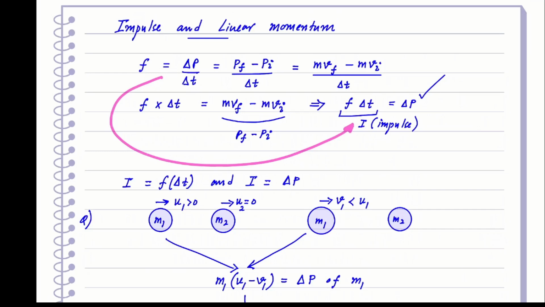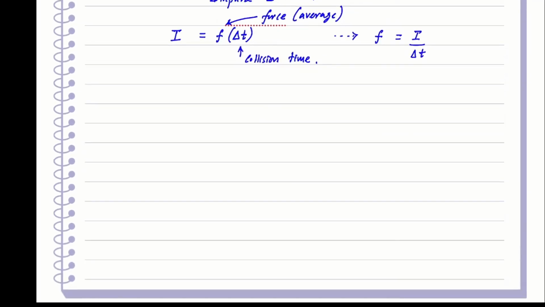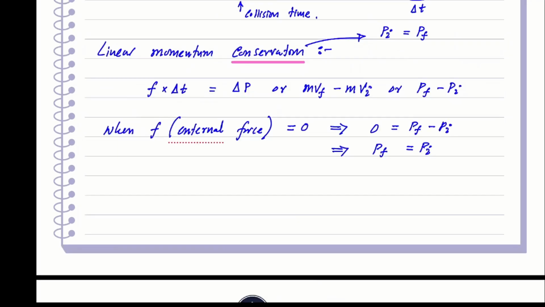Now next we are going to discuss linear momentum conservation. That's the next topic. Linear momentum conservation: again, F times delta t equals delta p, or mvf minus mvi, or p final minus p initial.